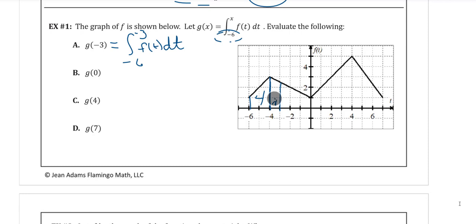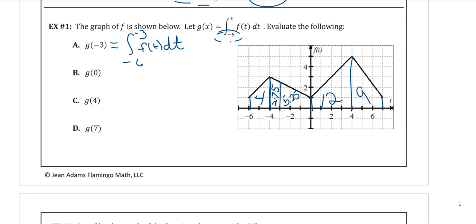And then I have this other trapezoid right here from negative 3 to 0, which is 5.25. And I'm going to keep going and just finish this off here. So then I divided it up in half here, and I got this piece from 0 to 4 to be 12 square units. And then my last trapezoid here comes out to be 9 square units.